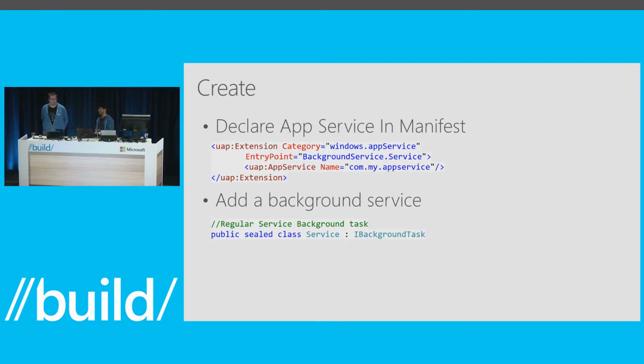What do I need to do next? Well, I actually need to code up my app service. Again, implement IBackgroundTask, and you need to actually put this in the entry point. So basically here, it's in the class service, and it needs to live in the project background service. Now, how do you actually use an app service?